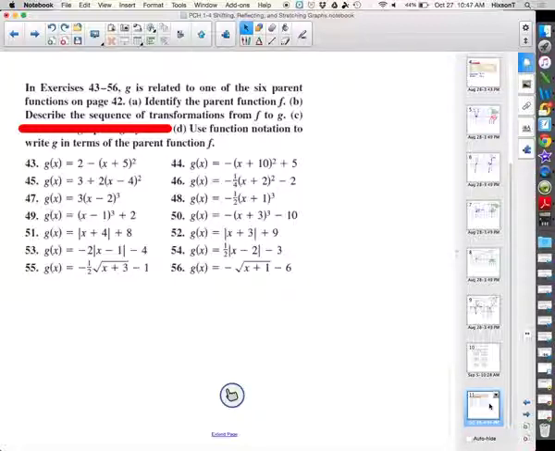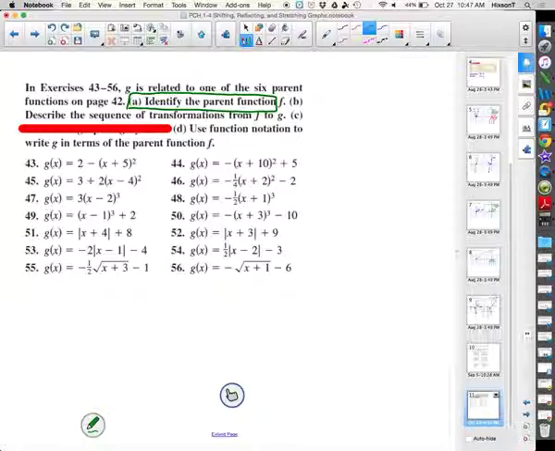If you haven't done any of this yet, get with a partner and take a look at these graphs and notice the directions here. Identify the parent function. Okay? So write down what is the parent function, and we're calling that f. Is f of x x squared? Is f of x radical x? Is f of x the absolute value of x? What is f of x in this case?